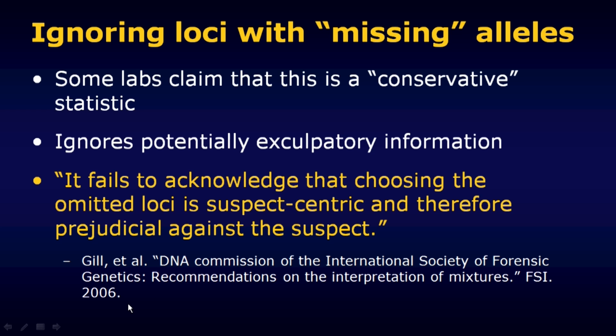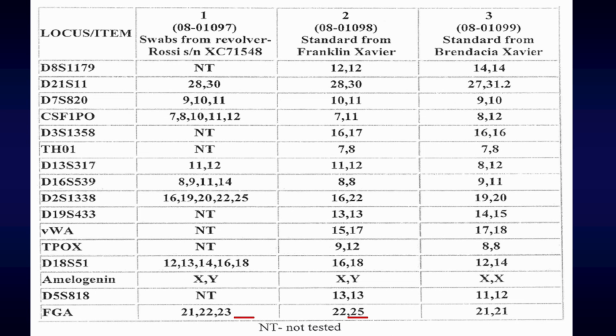You can get a citation to that paper as part of this slide, and the paper, of course, is also available at the bioforensics.com website. But I think they put it well that that type of approach, ignoring that type of locus, is failing to acknowledge that choosing the admitted loci is suspect-centric and therefore prejudicial against the suspect. Again, I think that's exactly what's happened with Franklin Xavier in this particular instance.